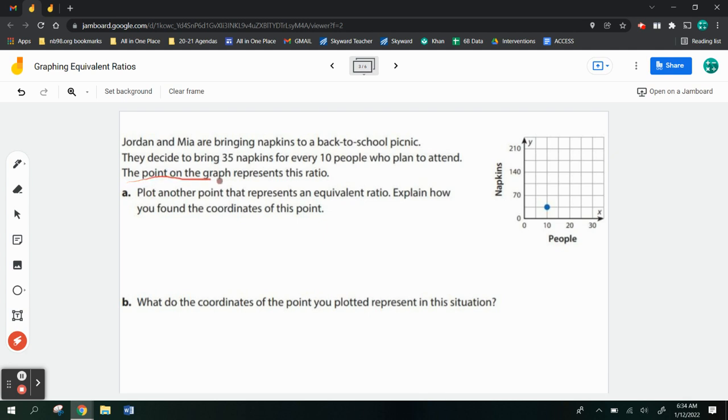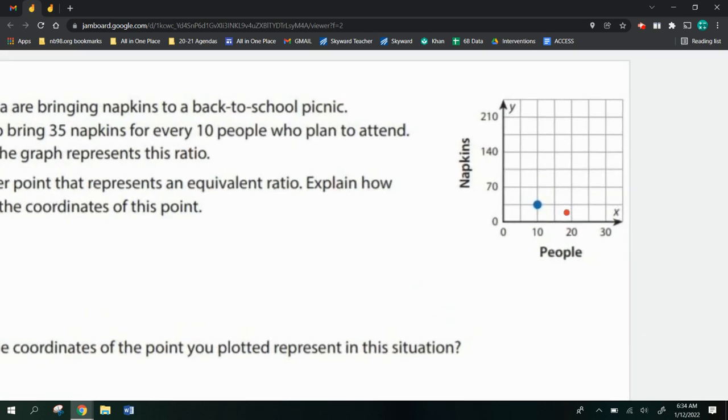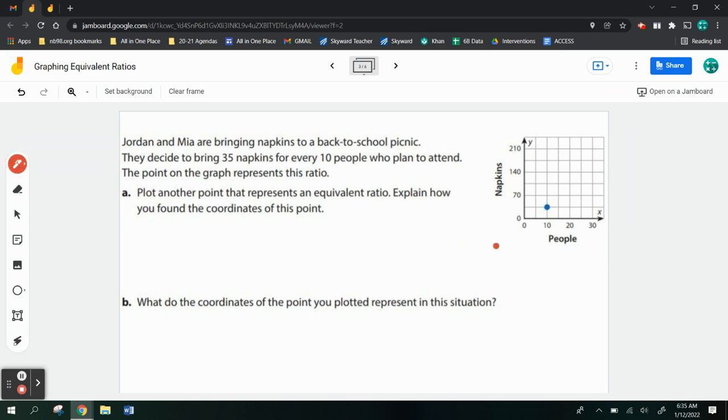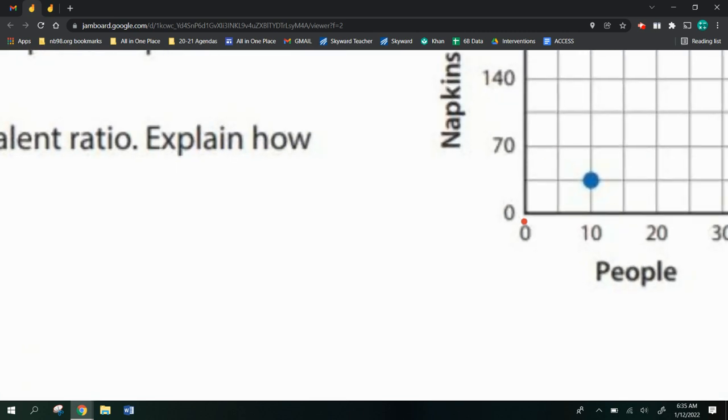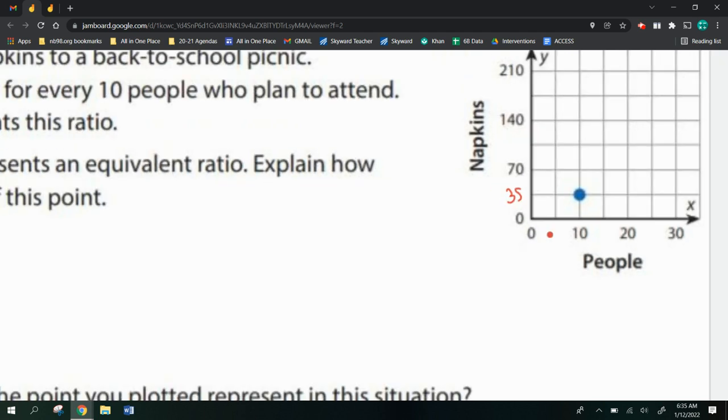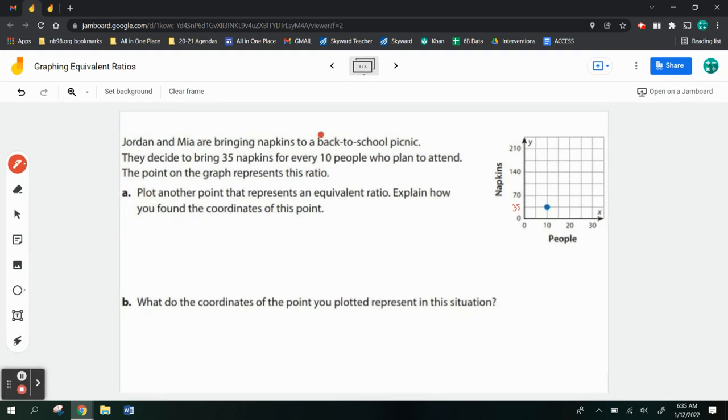The point on the graph represents this ratio. So they already put a point here. So 35 napkins, 10 people. I'm going to put the 35 in just for clarity. So the point that's already in the graph just tells us this information.